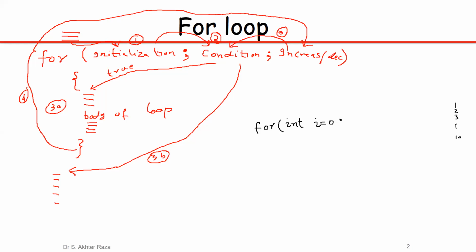Then semicolon, I less than or equal to 10. If I am going to start from 1, then instead of 0, I should start the loop from 1. I less than or equal to 10, and semicolon, plus plus I, or I = I + 1.